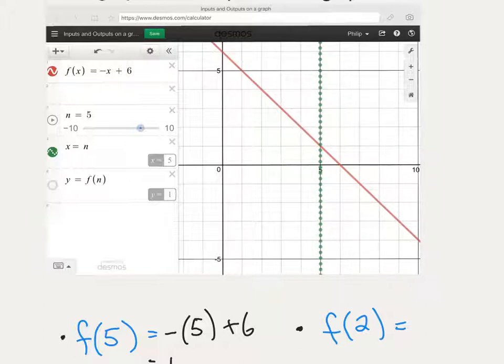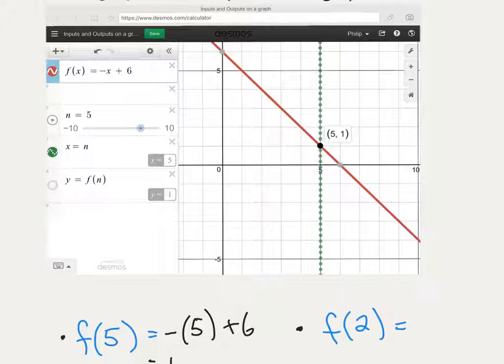I'm going to look at this green line and ask myself, where does it meet the red line? Where does it meet the graph of my function? If I use Desmos, we can see that it highlighted a point for us here, and that point is (5, 1). This ordered pair tells me that if I have an input of 5, my output should be 1.